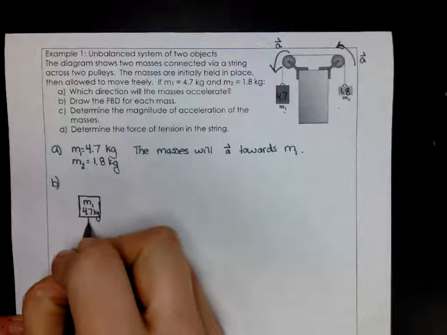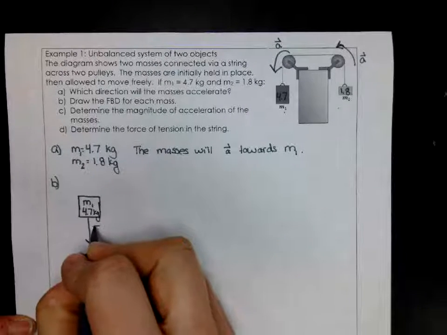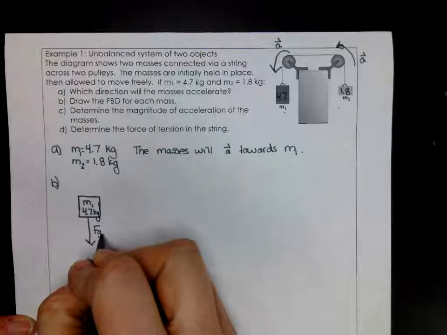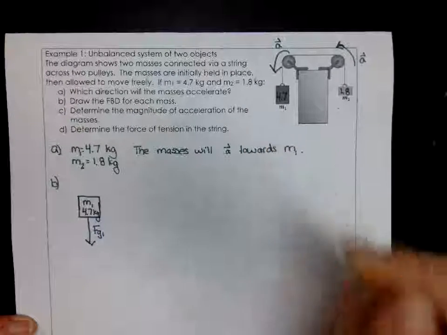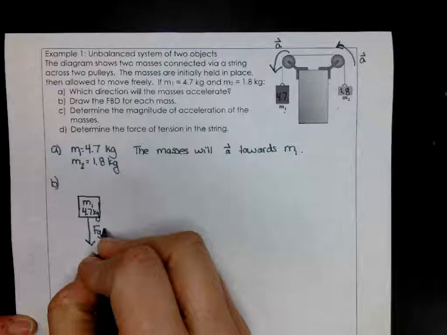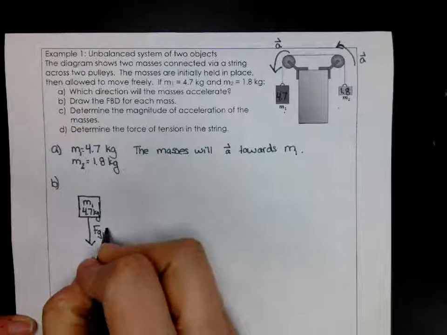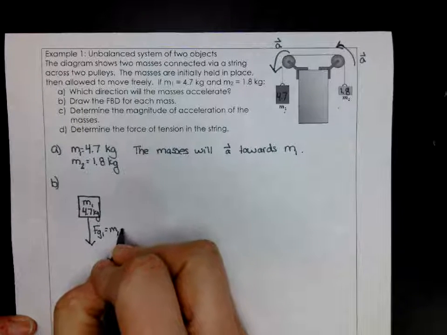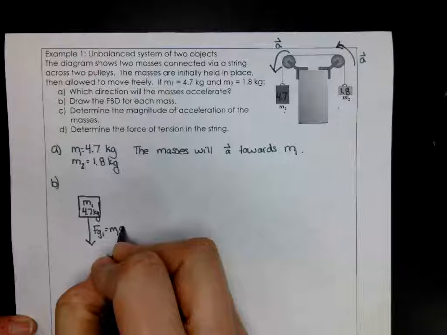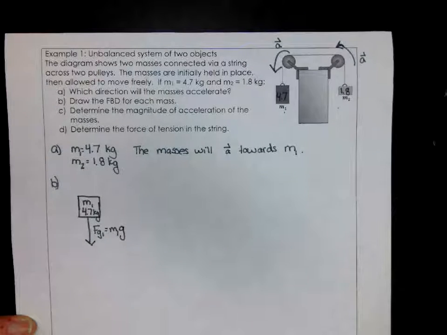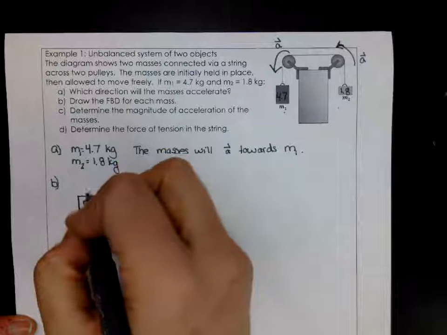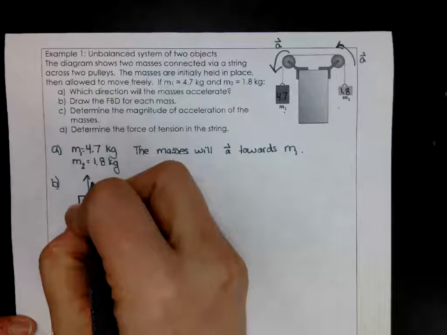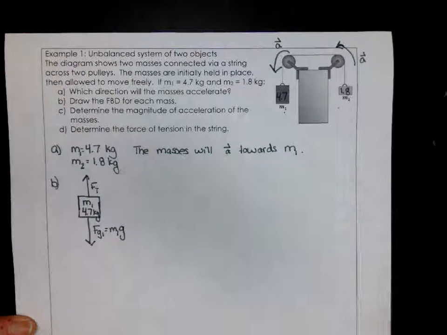We know the force of gravity is pulling down on it, and the force of gravity is equal to the mass times gravity. And then the force of tension is pulling it up, and we don't know what that force of tension is right now.